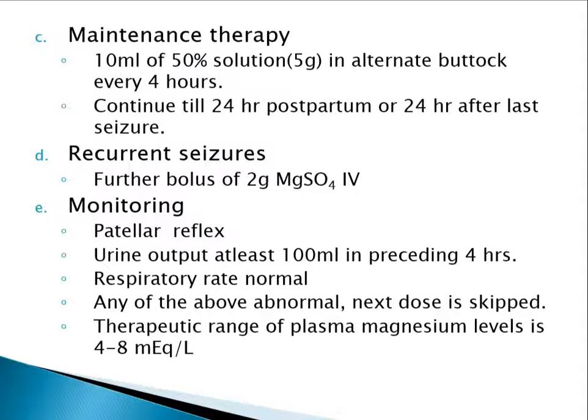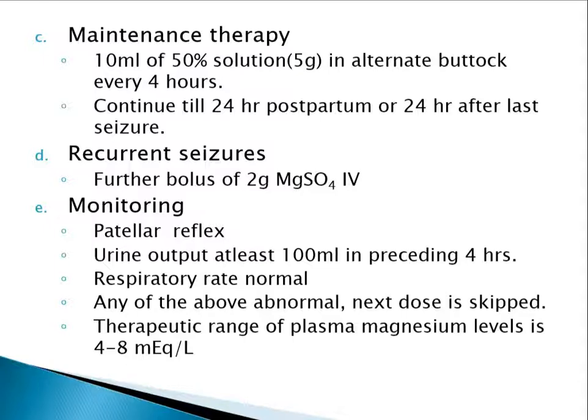Right. Then this is toxic. Magnesium sulfate has to be given carefully. You can't just give and keep quiet. You have to monitor the patient for any magnesium toxicity. So what are all the parameters that you know? Patellar reflex becomes absent if there is toxicity. Urine output should be at least 100 ml in the preceding 4 hours.